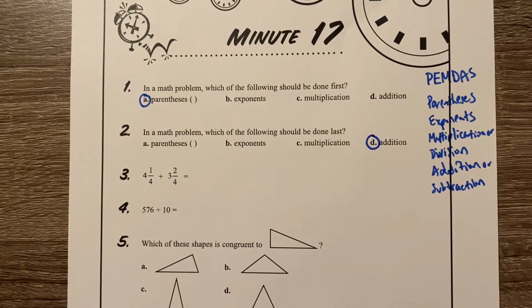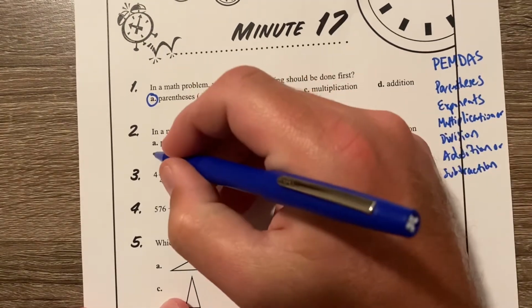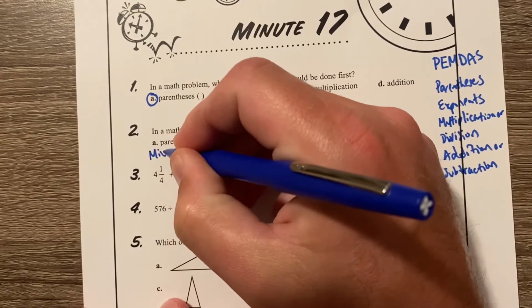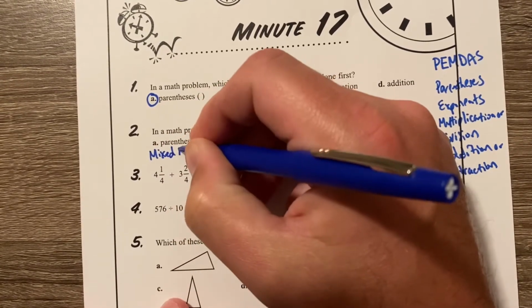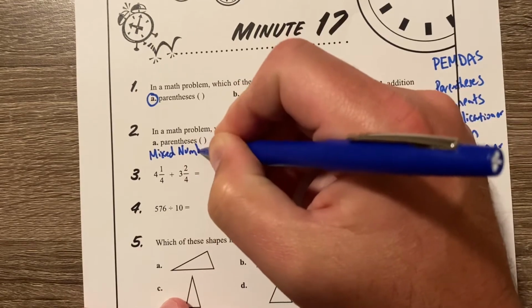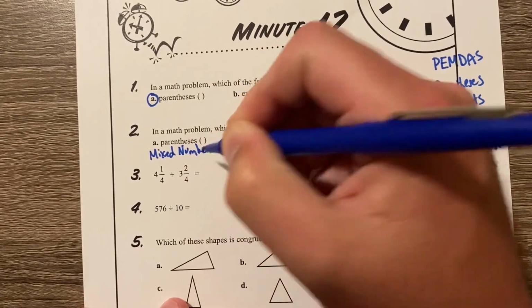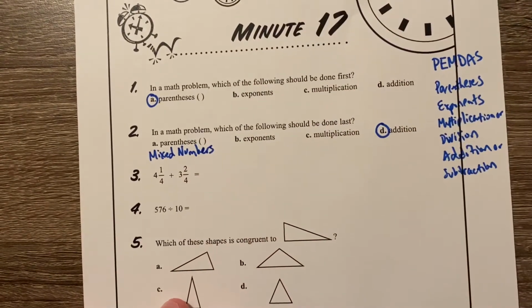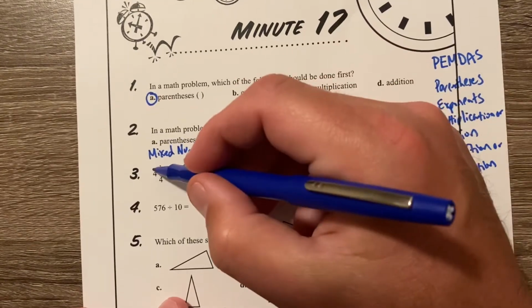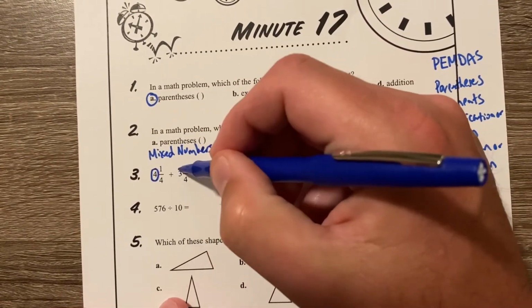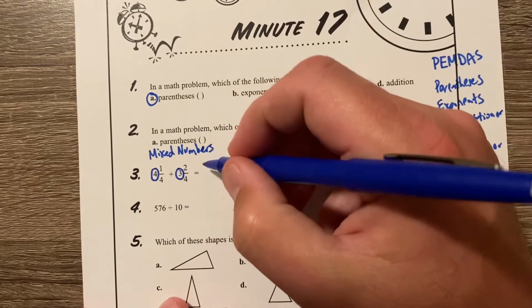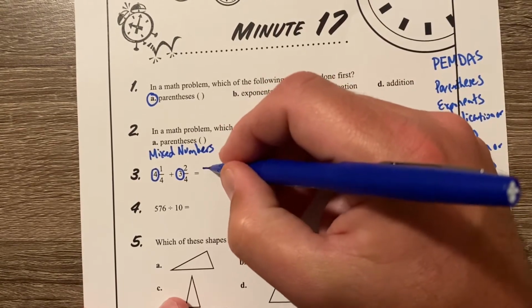Number 3 says 4 1/4 plus 3 2/4. So these are called mixed numbers. And the first thing I do is I add the whole numbers here. So 4 plus 3 is going to be 7.